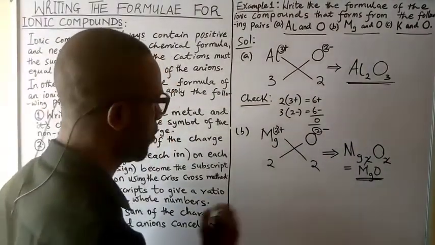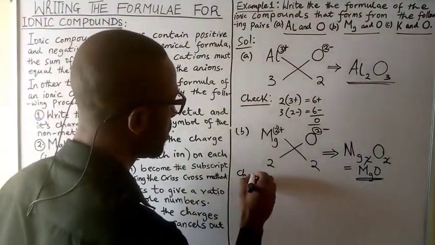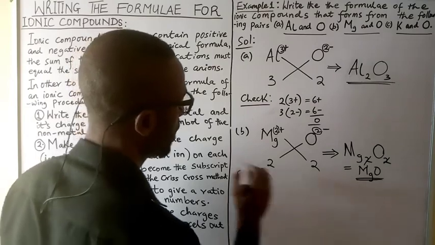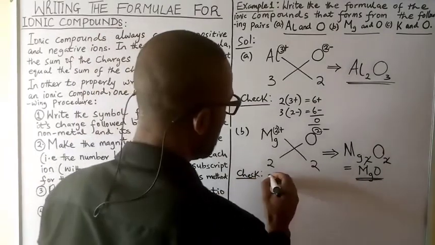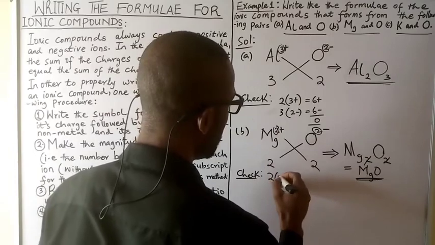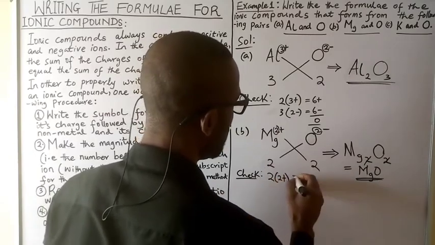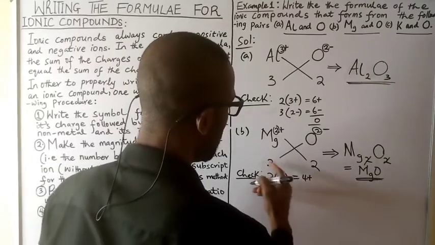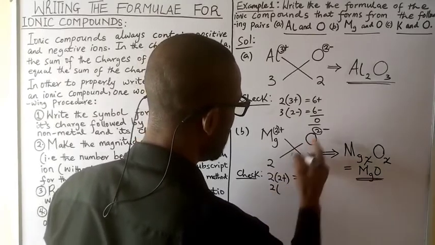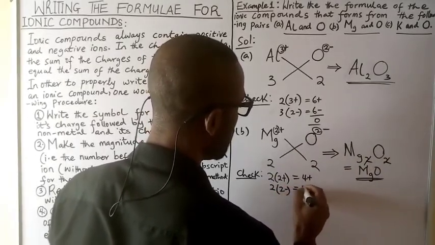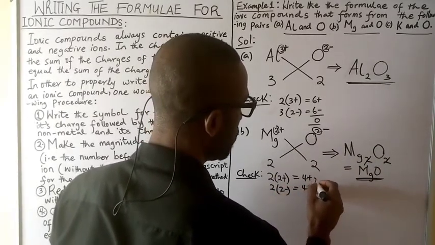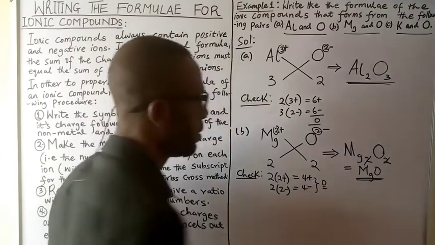Beautiful. Then to check again, it is important we always check. If you check, you see that these two will go into the magnitude, and the charge will give us what? 4 plus, and of course these two will go into 2 minus, will give us 4 minus. Both of these give me 0.